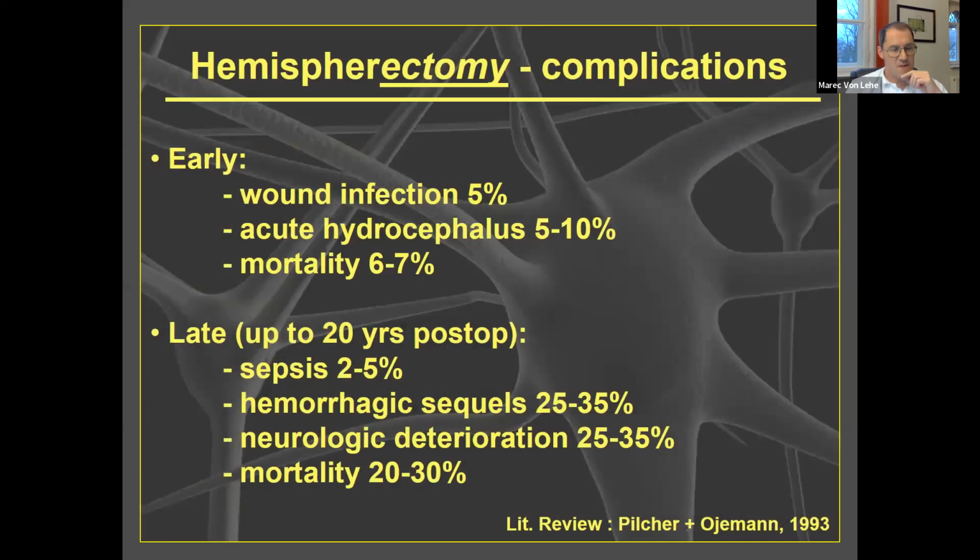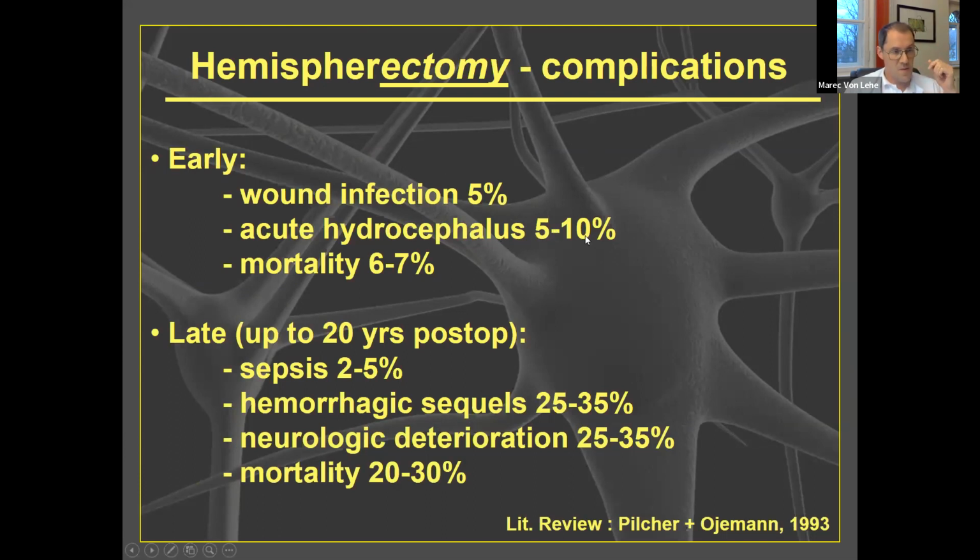With this large resective procedure, we have major complications, of course. It's usually used in pediatric patients, and the smaller they are, the bigger the problems. We have some early complications like wound infection, but some kind of hydrocephalic complication might be life-threatening, of course, like a blockage of the foramen of Monro or something in the aqueduct.